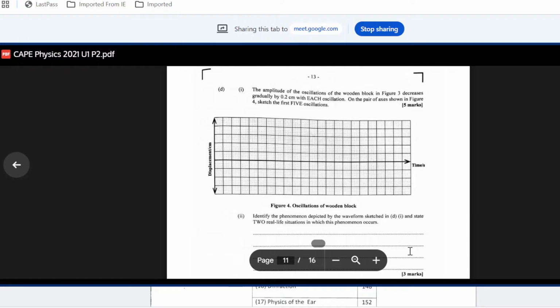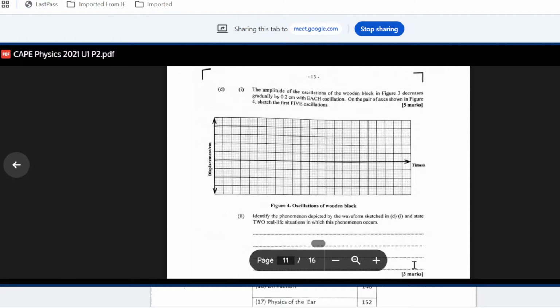All right, so all you would have to do in this sketch is make sure you use the values for the time period, and ensure that you're showing one complete oscillation each time for the correct time period. How many marks is this?